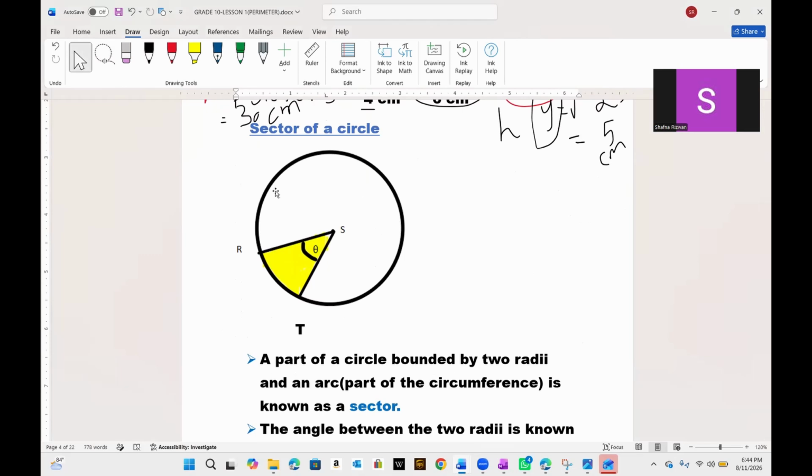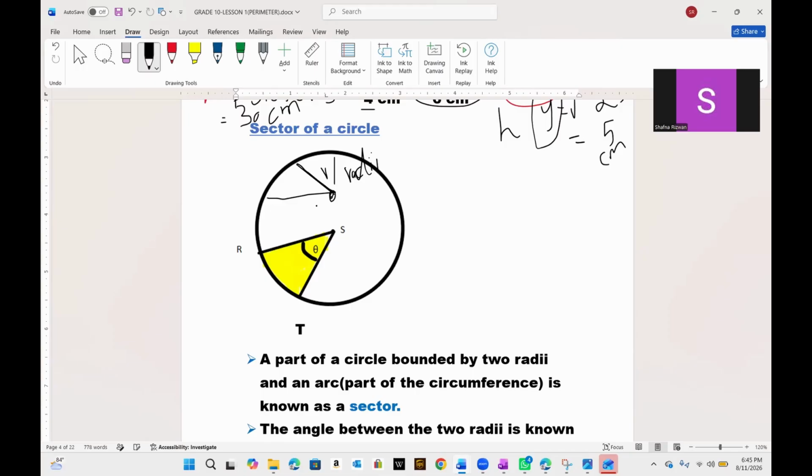If you take a circle, and in that circle you take just a small part of it, where from the center to one point on the circle there is a line going, what do we call it? Radius, or we can even call it radii.